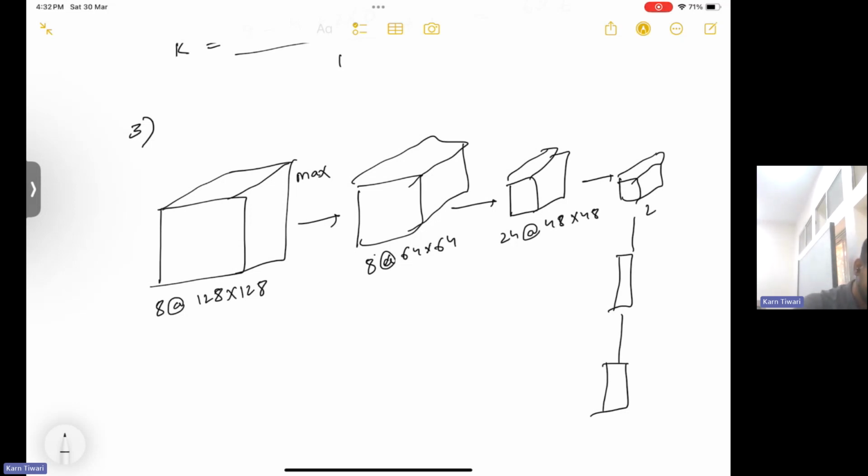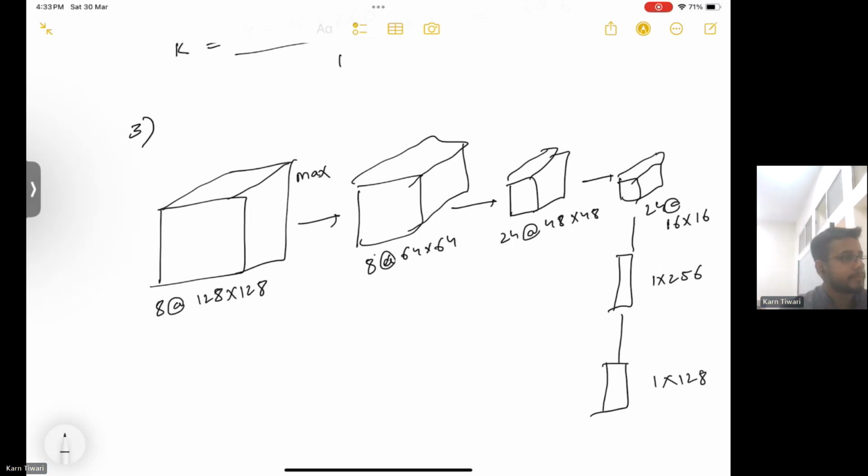Again max pool, the channel remains the same, 16 cross 16. After flattening it, D is the depth of the layer. Then it's converted into 1 cross 256, and again 1 cross 128.